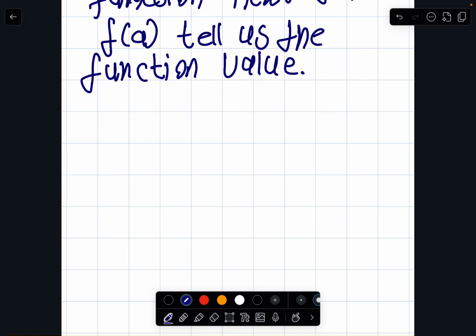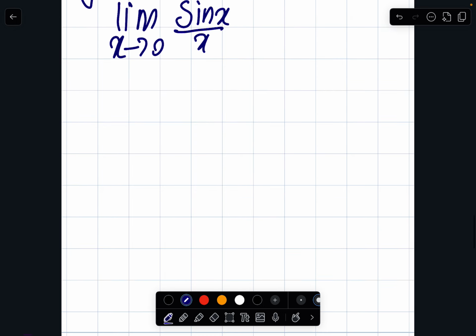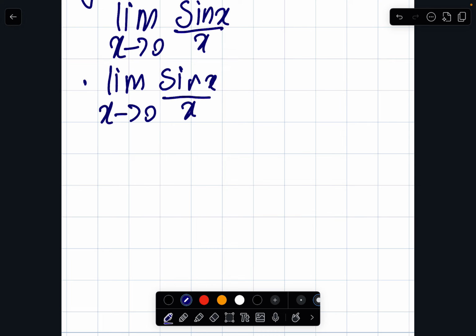Why do you say no, ne? Suppose we have a limit. You tell them, as x approaching 0 of sine x over x, ne? First step, the limit as x approaching 0 of sine x over x equals 1, meaning it exists. Understand?